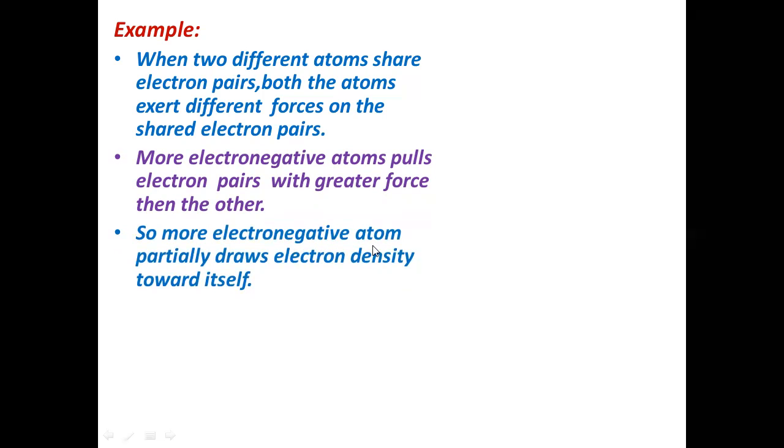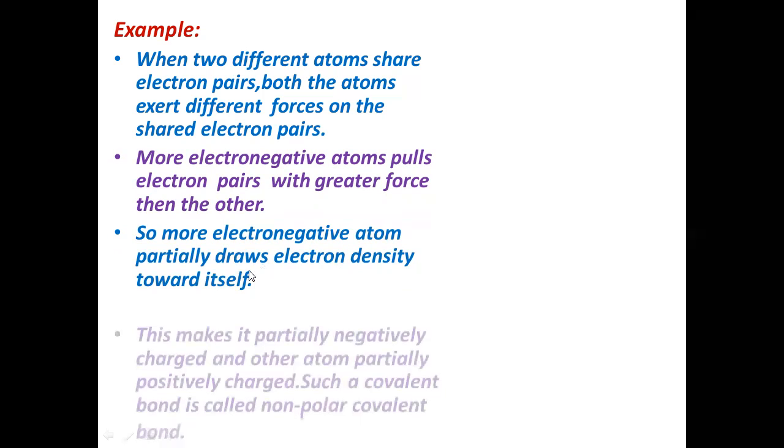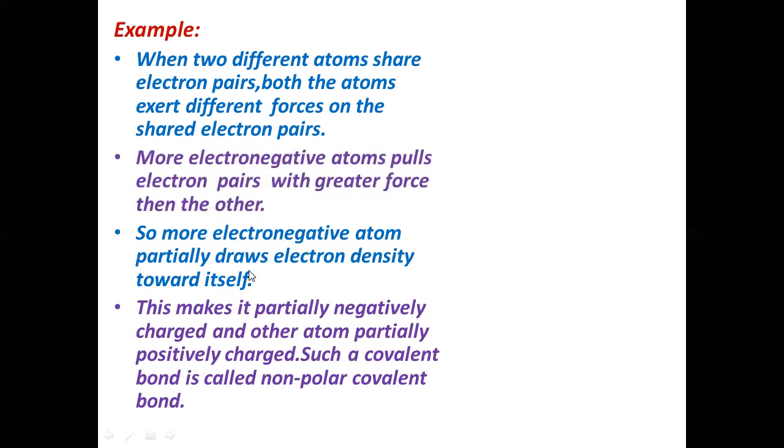with a weaker force. The more electronegative atom, as it is pulling the electrons more towards itself, will draw electron density toward itself. Electron density means all the electrons it will pull towards itself. This makes it partially negatively charged. You know that when an atom gains an electron, it gets a complete negative charge. But in this case, the atom is not taking the electrons completely, it only pulls the electrons towards itself.